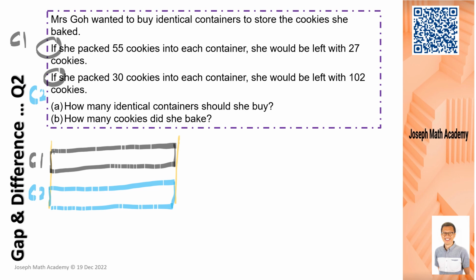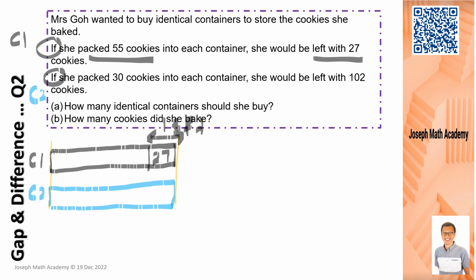Now let's take a look at case 1. If she wanted to buy containers, case 1 says that she packed 55 cookies into each container and would be left with 27. Packed 55, left 27. So I pretend the 27 is here, and I put 27 and label the word left up there.